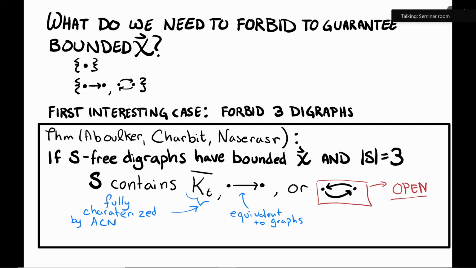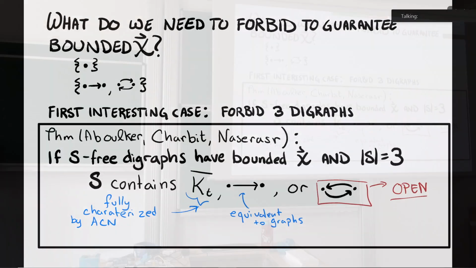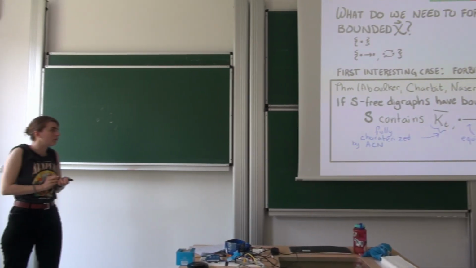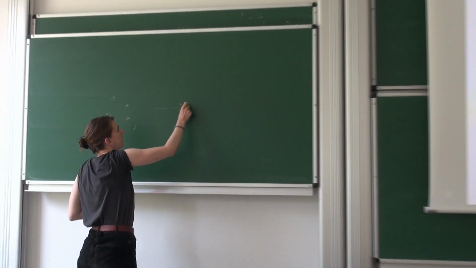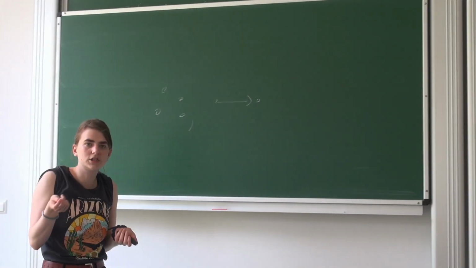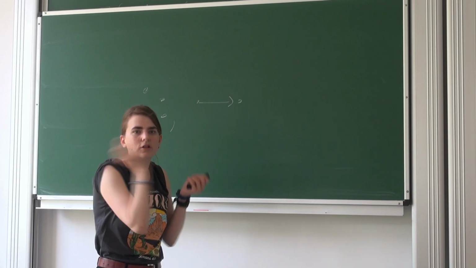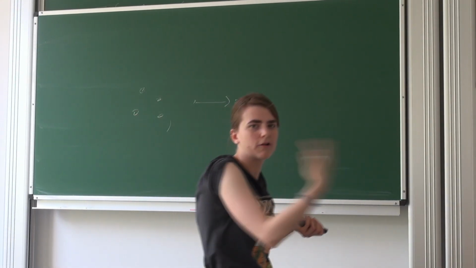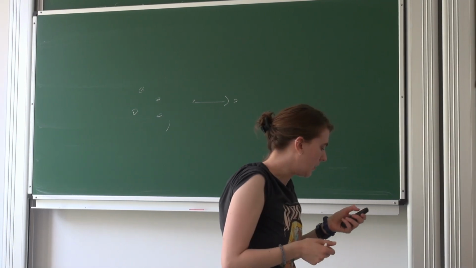And Aboulker, Charbit, and Naserasr, when they introduced this regime, proved that if you're forbidding 3, you have to forbid a stable set, or you forbid a directed edge, which essentially means that every edge is a digon. So then you're just talking about graphs and coloring, and we already have those problems.